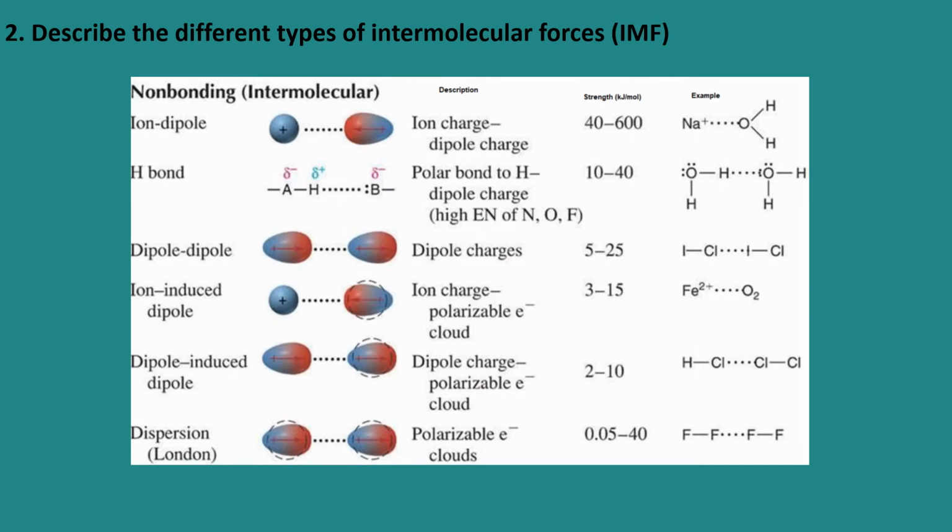So let's now describe the different types of intermolecular forces or IMF. For the first picture here, we have 6 types of IMF: ion-dipole, hydrogen bond, dipole-dipole, ion-induced dipole, dipole-induced dipole, and dispersion forces or London forces. So what is the description, or where can you find the ion-dipole?